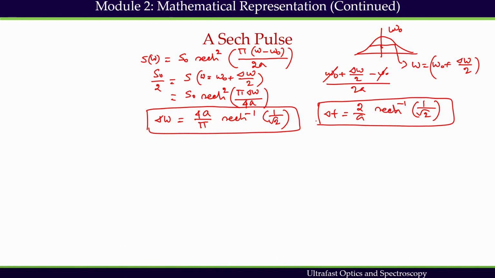So to get the time bandwidth product, I just multiply delta t and delta omega. I get 2 by a multiplied by 4a by pi, (1 by square root 2) whole square. If we simplify, then I get delta t 2 pi delta nu, which is nothing but 8 by pi.